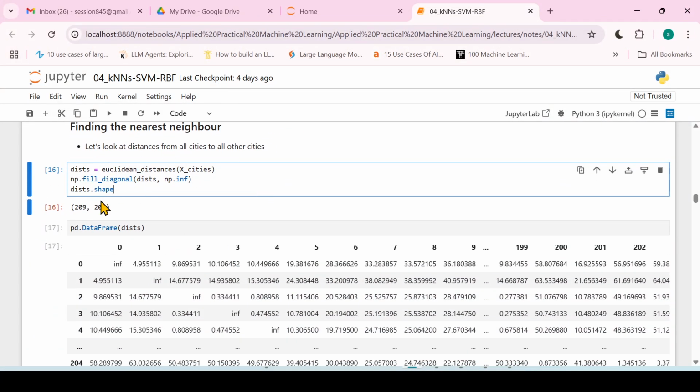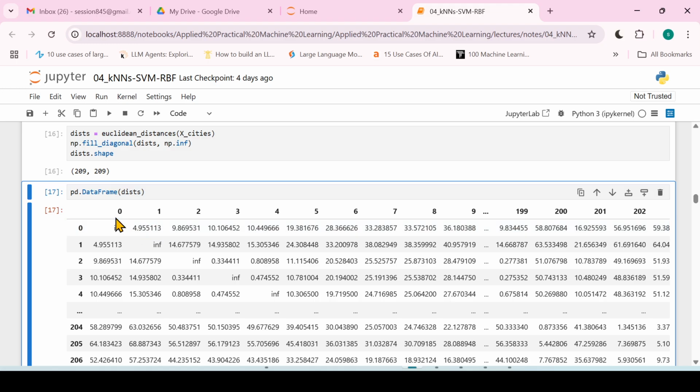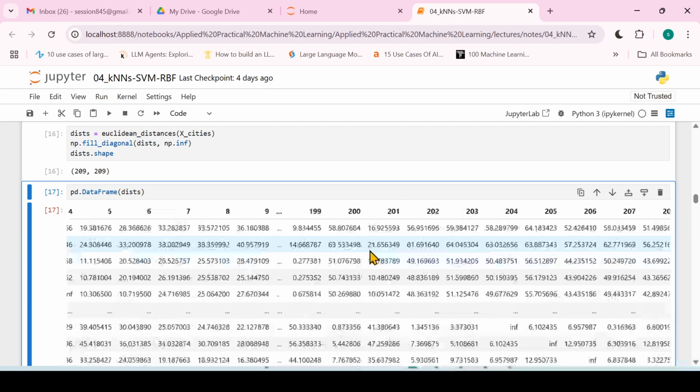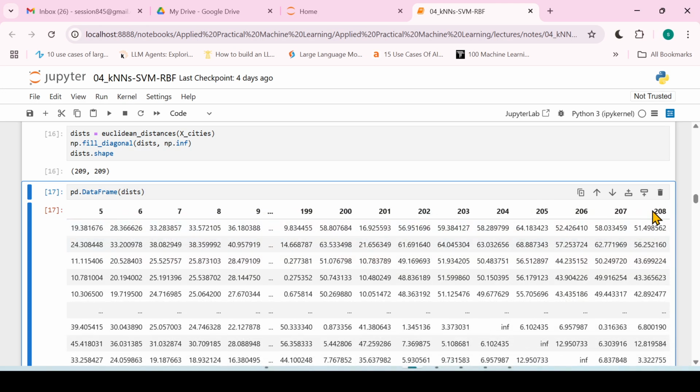Here we'll do the same thing. We are calculating the distance between each city and every other city. The distance between the zeroth example and the zeroth example will be 0, so here we have replaced it with infinity. Then we take the distance from the zeroth example to the first example, the zeroth to the second, the zeroth to the third, the zeroth to the fourth, and so on for every other example. So we have calculated the distance between the zeroth example and all the examples.